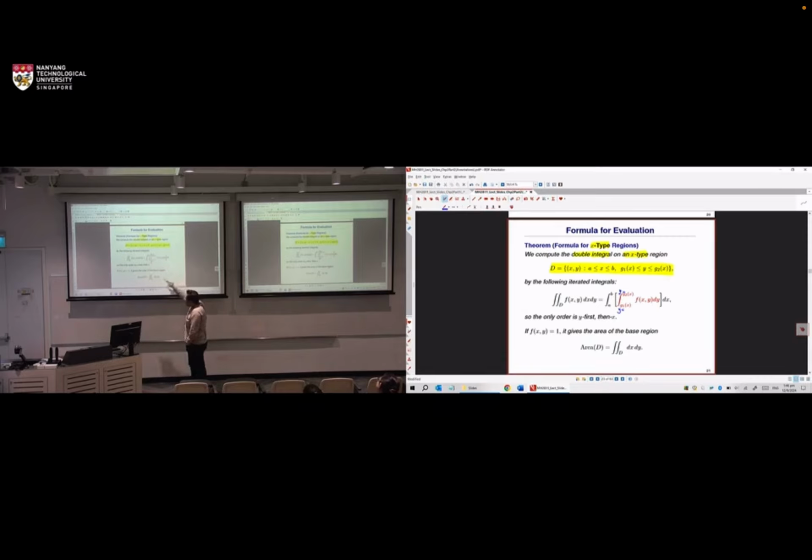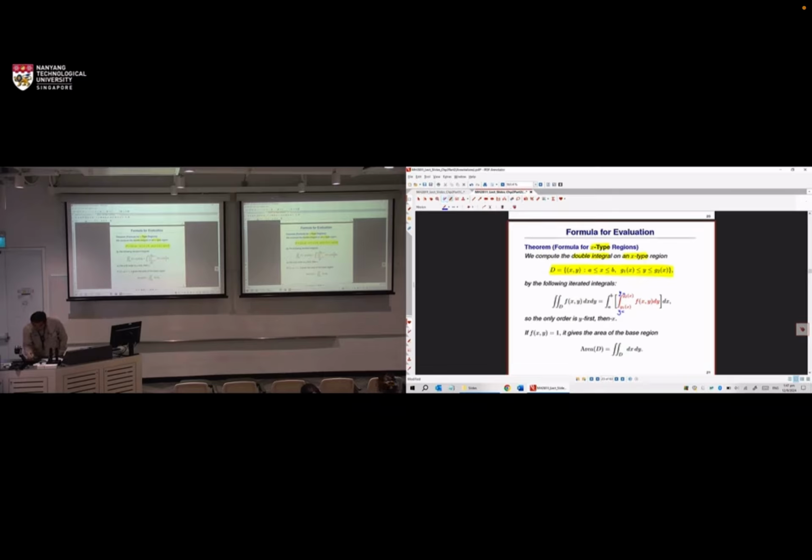The only order allowed is y first, then x. And of course, if f equals 1, it gives you the numerical value of the area of the base region.